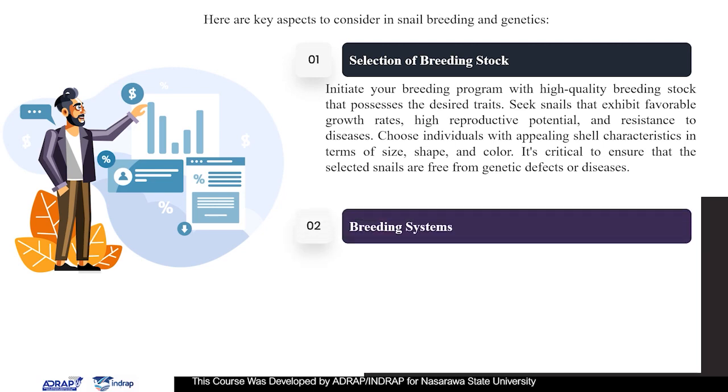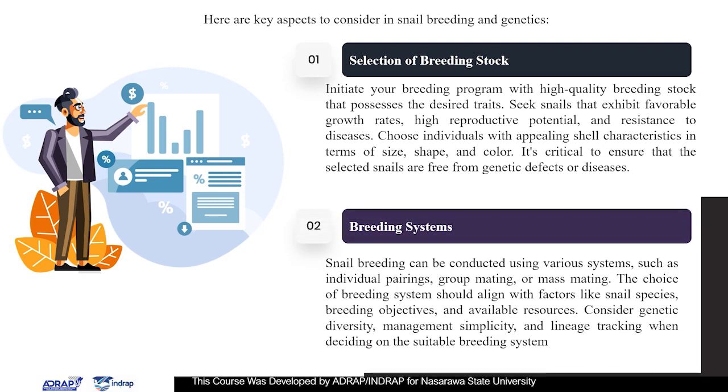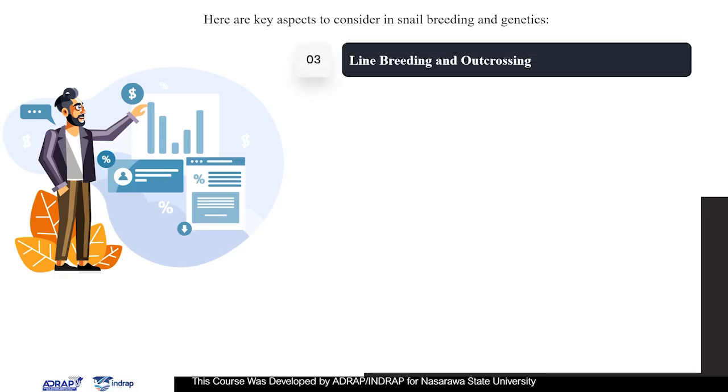Breeding system. Snail breeding can be conducted using various systems such as individual pairing, group mating, or mass mating. The choice of breeding system should align with factors like snail species, breeding objectives, and available resources. Consider genetic diversity, management simplicity, and lineage tracking when deciding on the suitable breeding system. Line breeding and outcrossing.